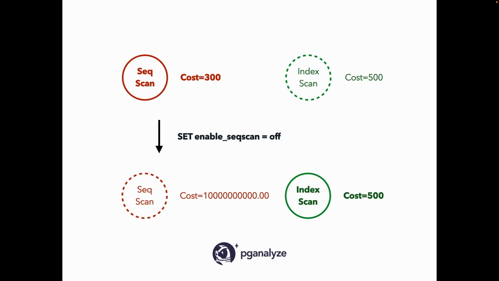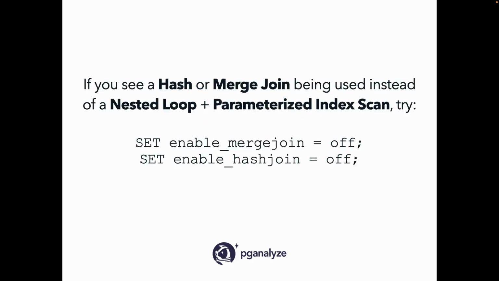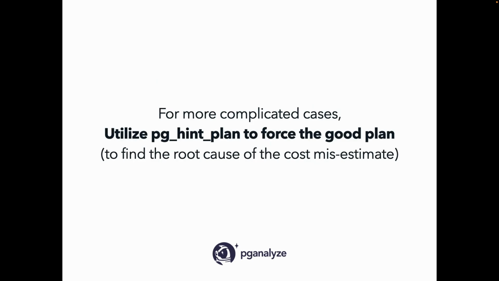When you do this, Postgres will give you the other plan, in this case index scans, cost 500. Once I actually get an EXPLAIN output for the right plan, I can look at the individual parts of the plan and see where the cost went wrong, like where was the misestimate? Similarly, if I want a nested loop, I could turn off merge join and hash join and see what the plan looks like.